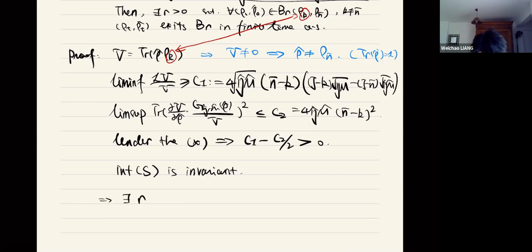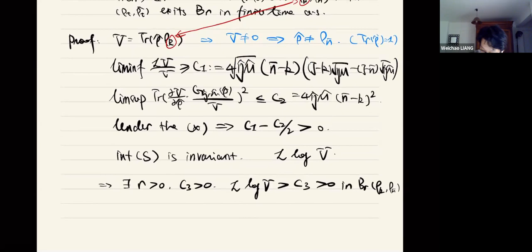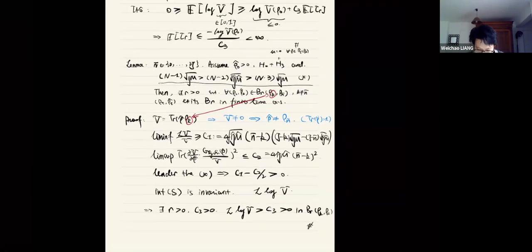We just apply Ito's formula on the log V. By applying similar arguments, we can show that there exist a positive R and a positive constant C3 such that L log V is larger than C3 in such a neighborhood. And then we can show that we can always exit this neighborhood in finite time almost surely, just by applying similar arguments. So from now on we have already shown the instability of the bad equilibria.